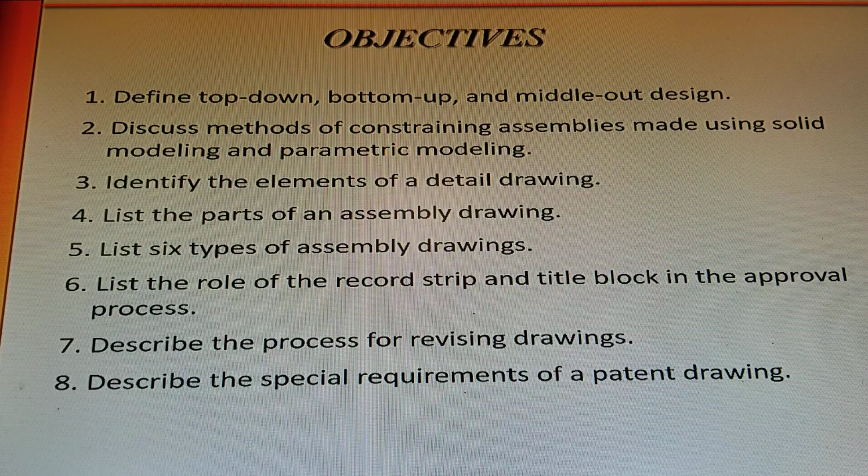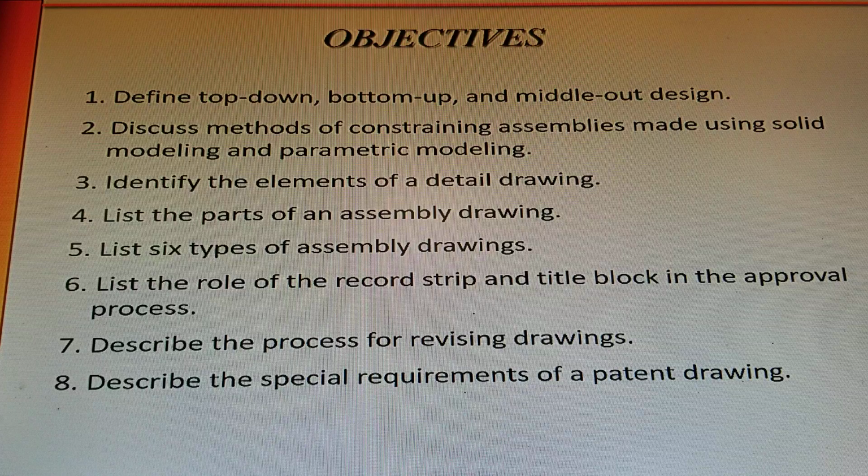We're going to talk about top down, bottom up, middle out design. Discuss methods of constraining assemblies made using solid modeling and parametric modeling. Number 3, identify the elements of a detailed drawing. 4, list the parts of an assembly drawing.